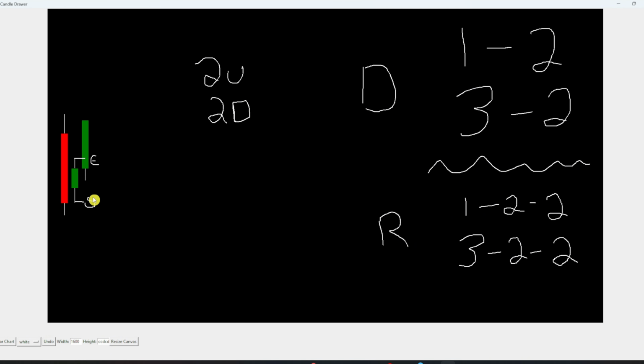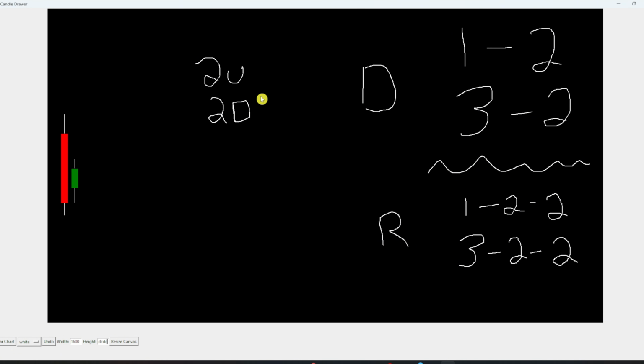So this would be my stop loss right there. My entry would be the moment that this candle breaks the high of the 1, and my stop loss would be below that 1 candle, or in other terms, inside candle. So again, 1-2 up, I'm long the moment it breaks that high.